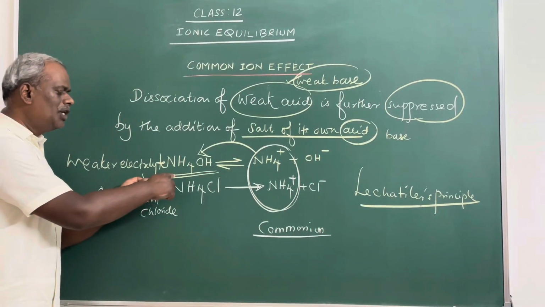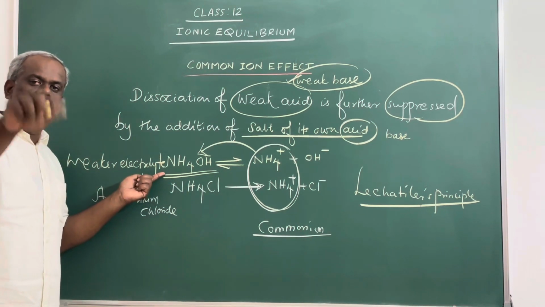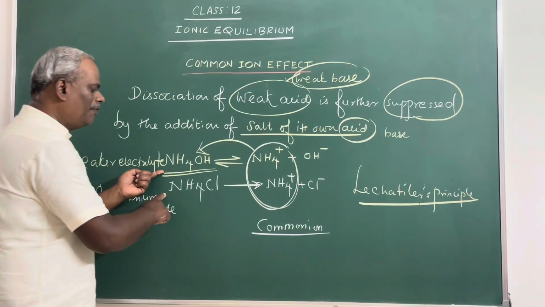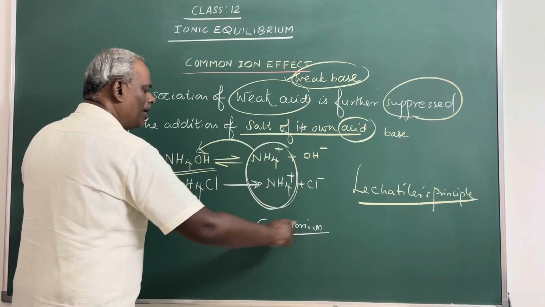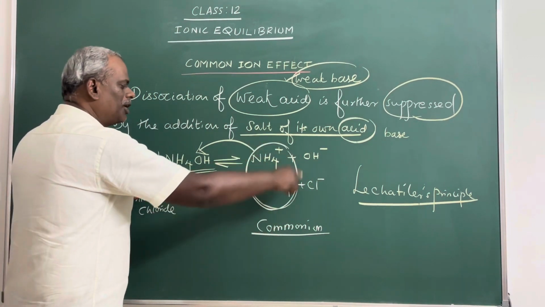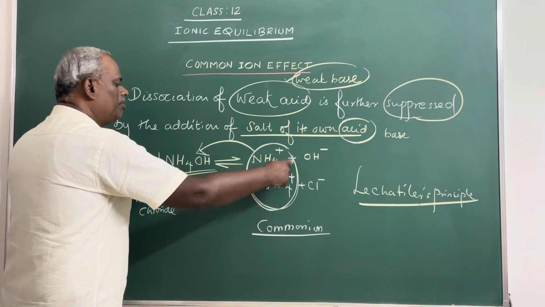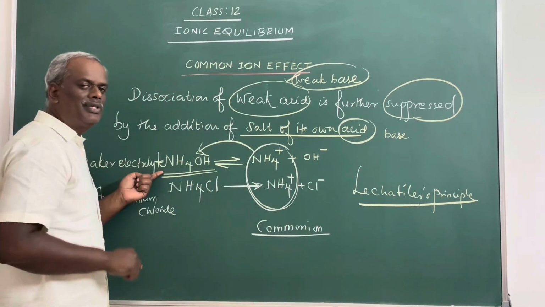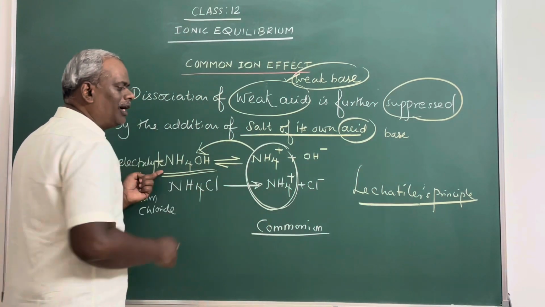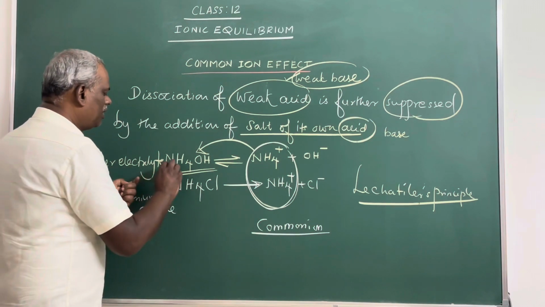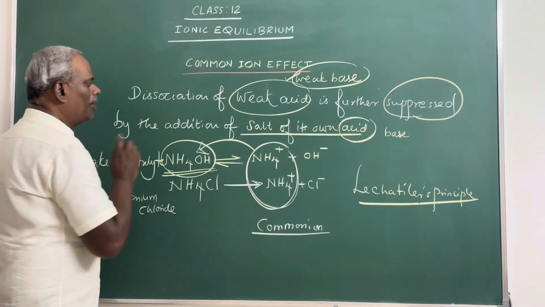Already the dissociation of ammonium hydroxide is poor. By the addition of its salt, the common ion increases. So it disturbs the equilibrium, and the equilibrium proceeds in the backward direction, according to the Le Chatelier principle, so that we can have undissociated ammonium hydroxide.